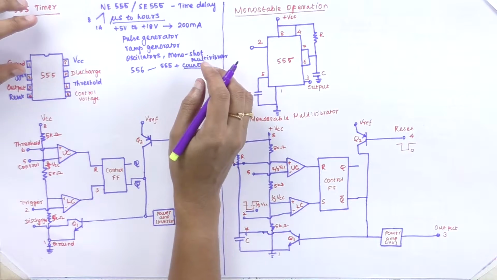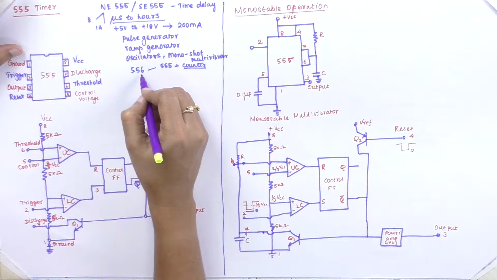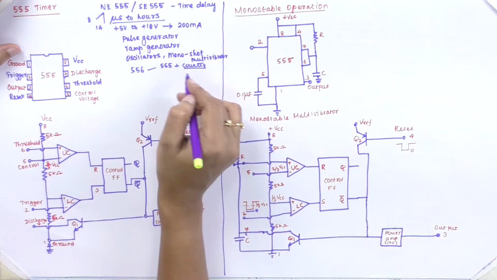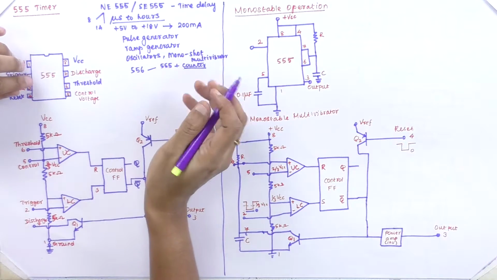A programmable counter is built inside this 556 timer. This 555 plus the counters are included in the 556 timer, and with the counter concept, we can make everything clear at the end of the operation. So we can reset our value to 0000 for the 4-bit counters.